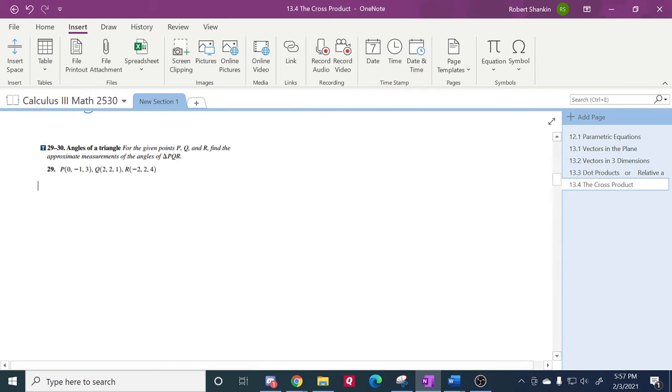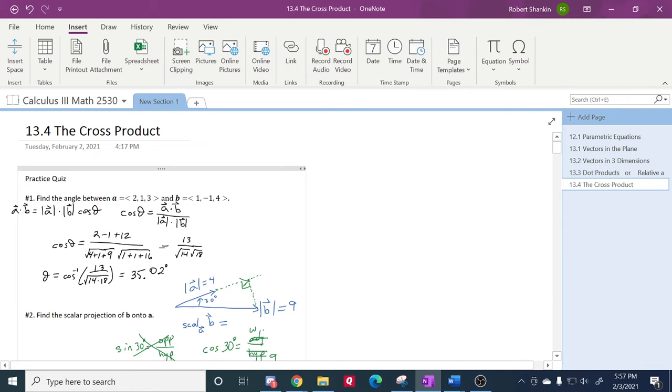Find the approximate measures of the angles of this triangle. So what we have to do is find the angle between these two. That is the same thing as problem 1 in the practice quiz: find the angle between two vectors.